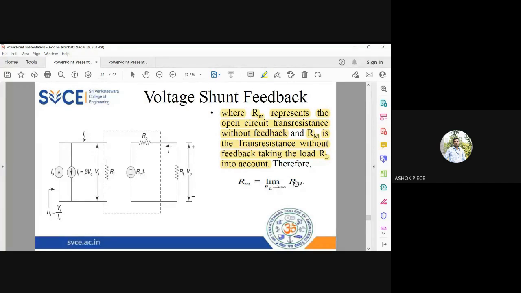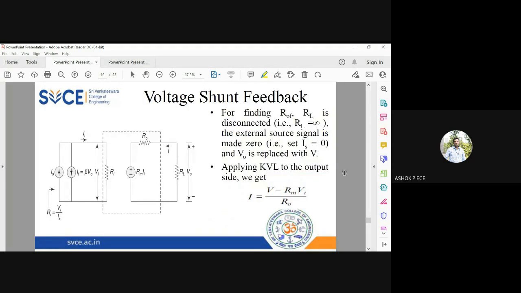So if I put the limit RL tends to infinity in the R capital M expression, I'll get back my trans-resistance without feedback, without load. And R capital M is trans-resistance without feedback, with load. So that is the difference between the two. And the unit of Rm, it is a resistance, so it will be in ohms.